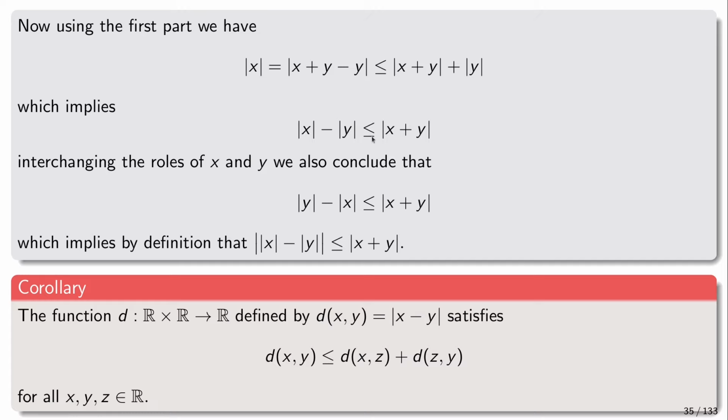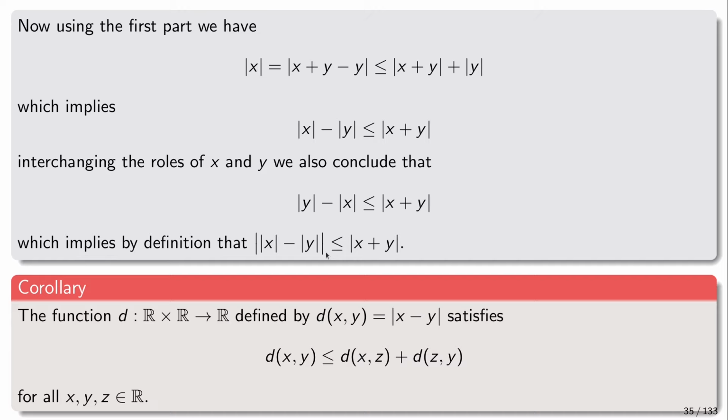But x and y are arbitrary numbers, and there is absolute symmetry in the values of x and y, so just interchanging their roles by the same procedure, we can conclude that the absolute value of y minus x also has to be smaller than this. Again, by the definition of the absolute value, the absolute value of this expression, whether it's absolute value of x minus absolute value of y or absolute value of y minus absolute value of x, has to be no bigger than this. So we have proved the second part.